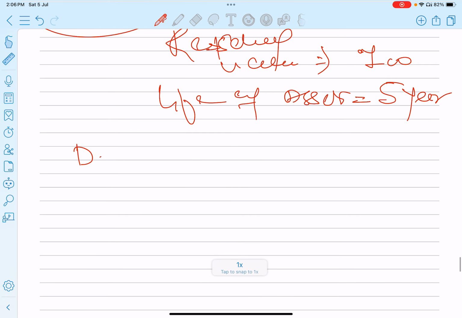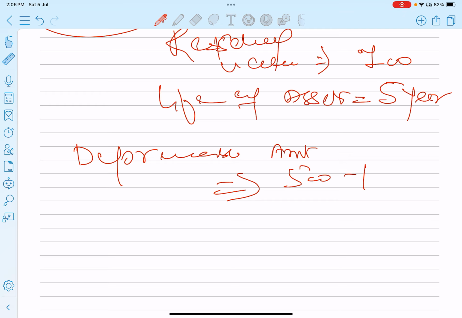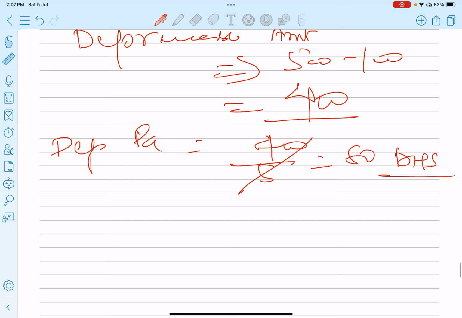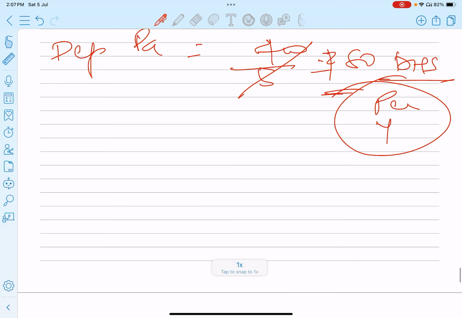So what is the depreciable amount? Depreciable amount is 500 minus 100, that is 400. So depreciation per annum will be 400 divided by 5, that is 80 dirham or $80 per year, depending upon your functional currency or the reporting currency.